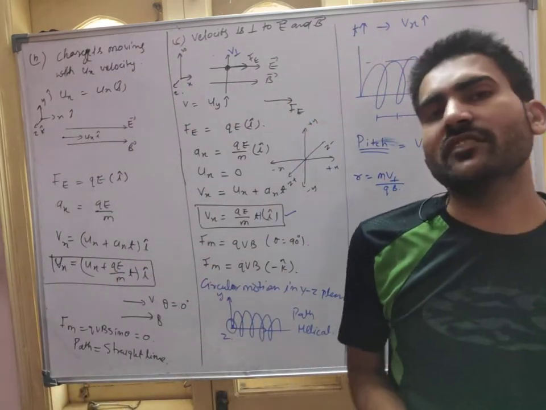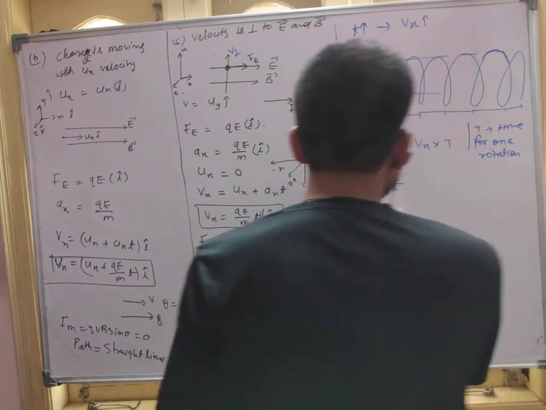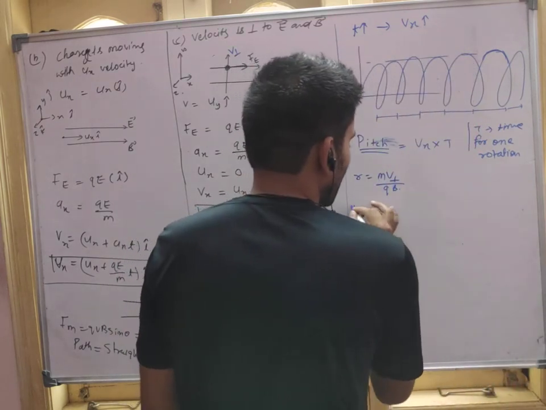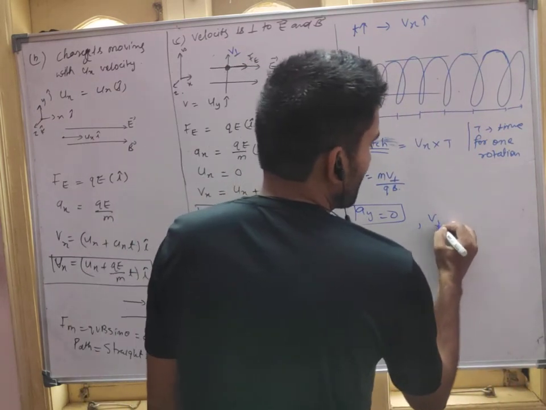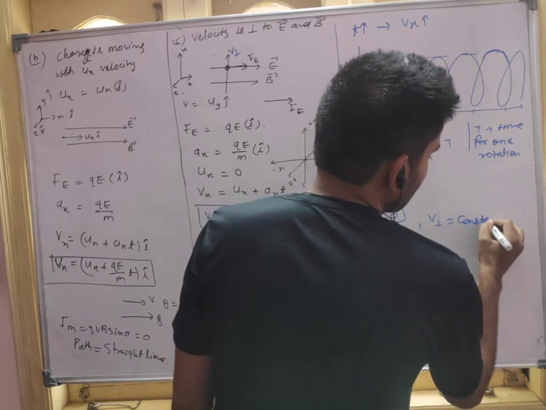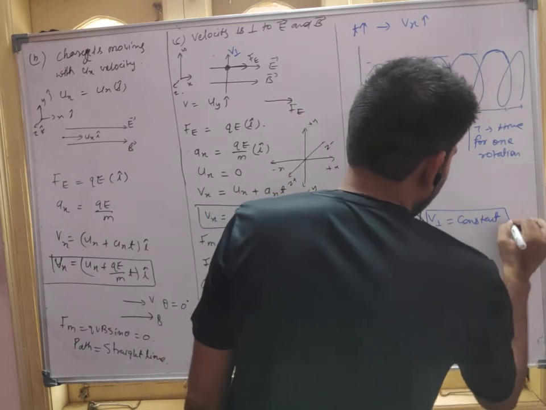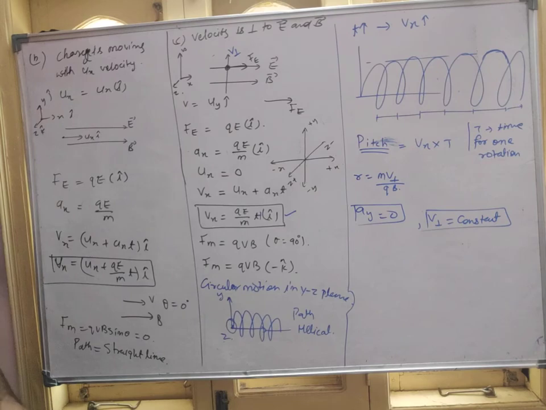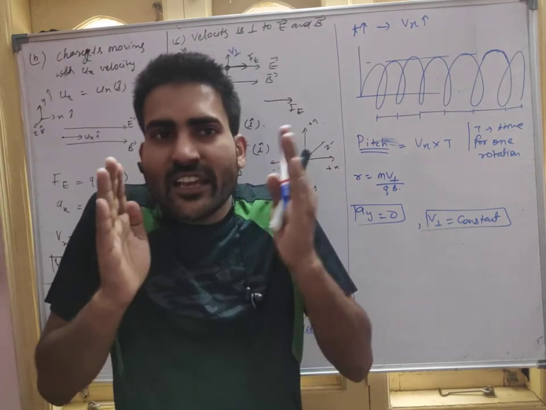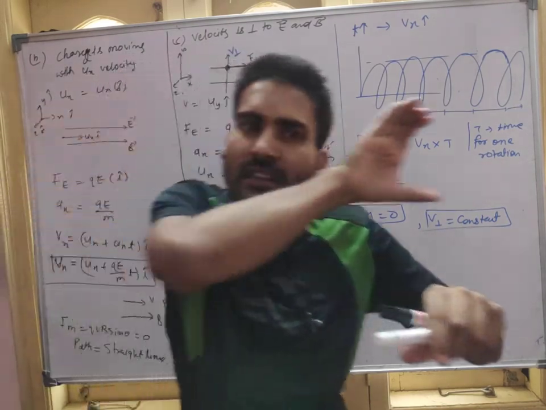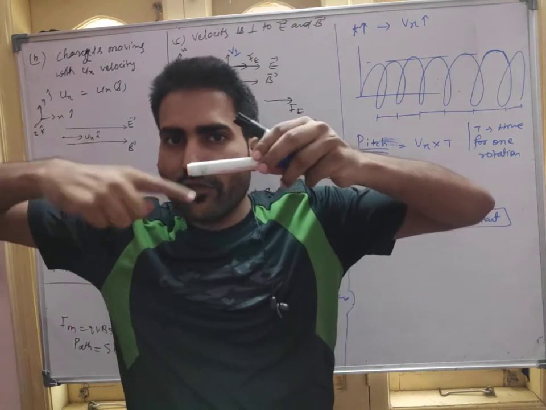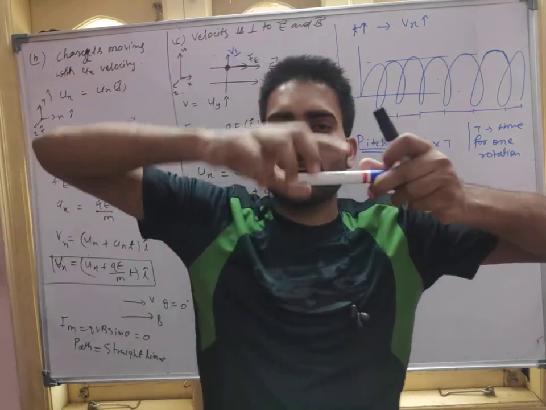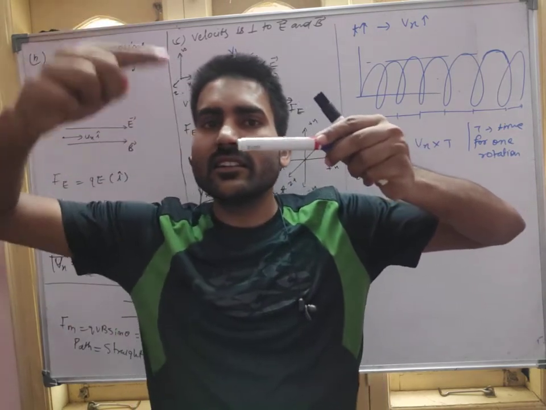There is no acceleration in the y direction. Acceleration in the y direction is how much? That is 0. So it means V perpendicular is constant. When V perpendicular is constant, guys, the pitch will be increasing, but the radius will be the same. See, this is moving like this. The radius will be constant, but the pitch will be increasing.